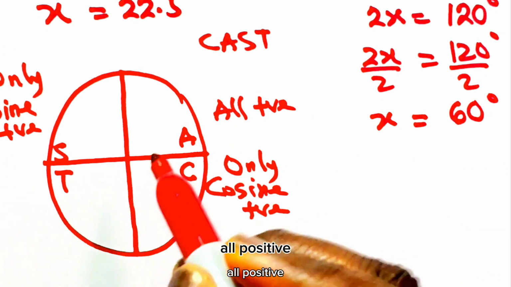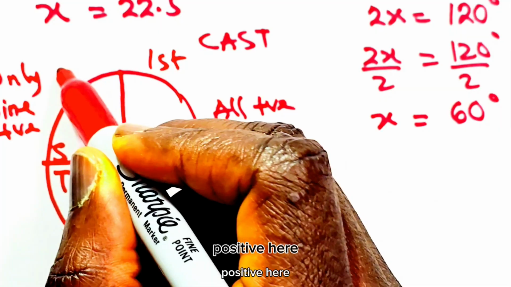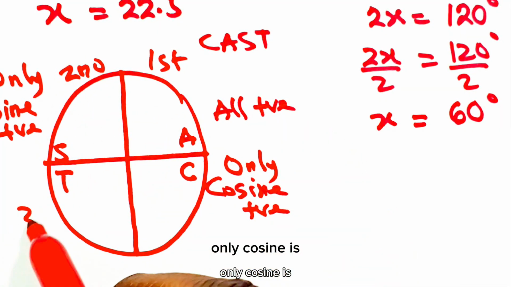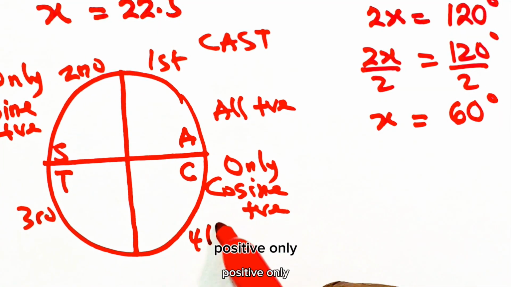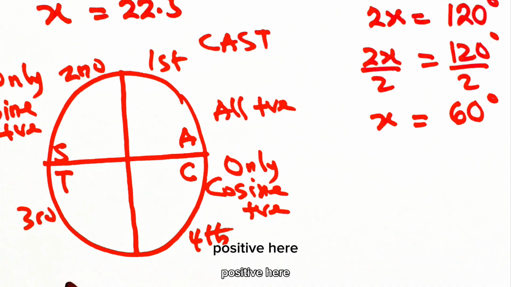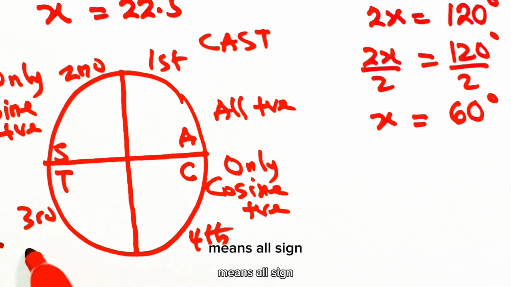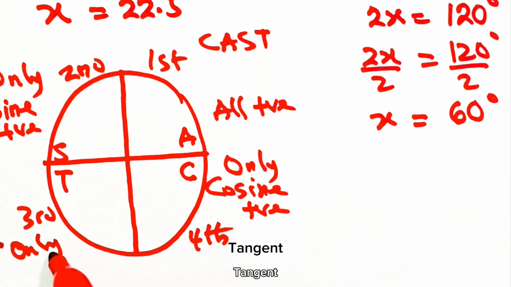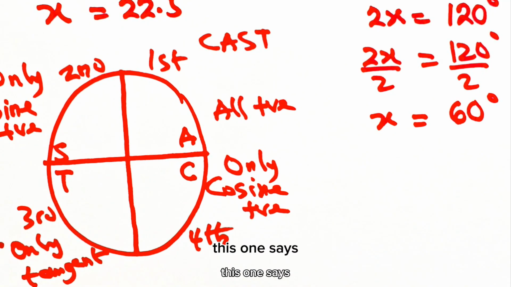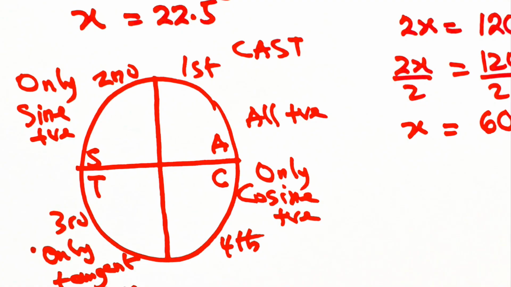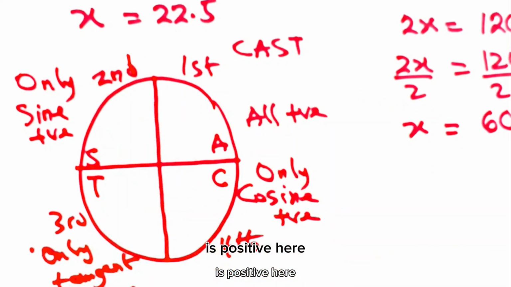Then this is the first quadrant. This is the second quadrant. This is the third quadrant. And this is the fourth quadrant. In the third quadrant, it says that only the tangent is positive. On the second, only the sine is positive.